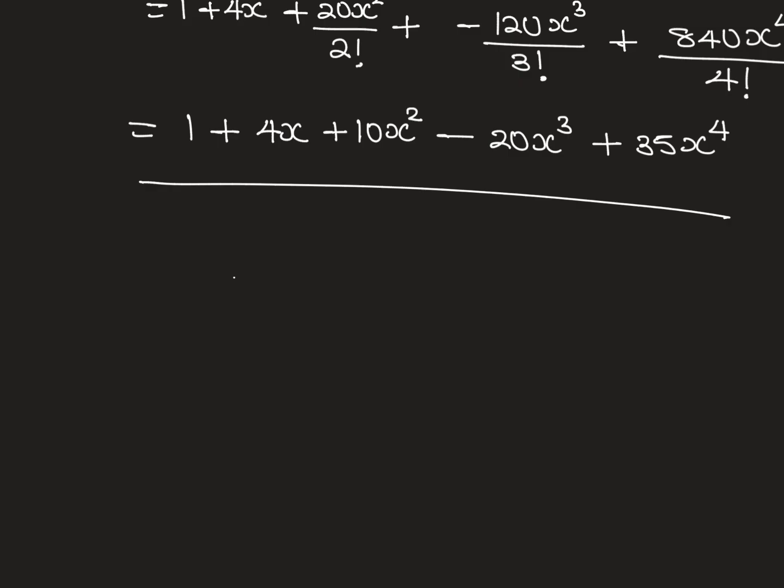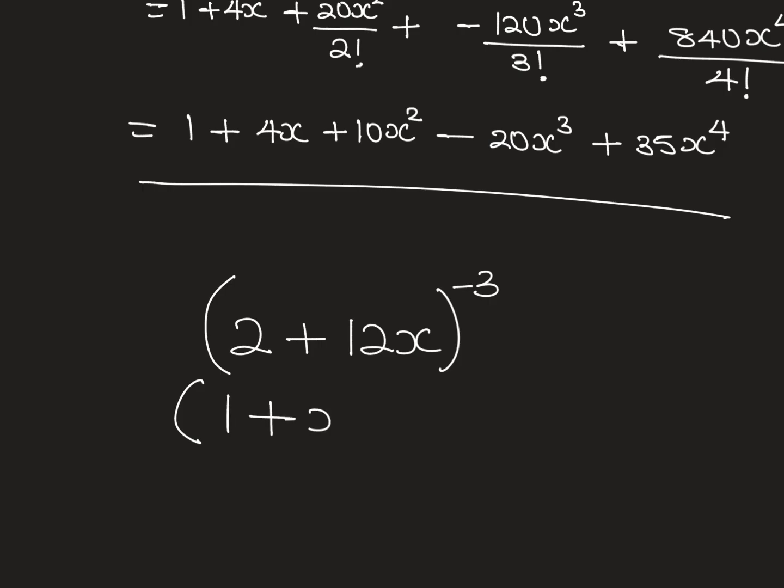So let's say we have something like 2 plus 12x to the power minus 3. And we want to use the general formula. But we know that the general formula is in this form, 1 plus x to the power n.